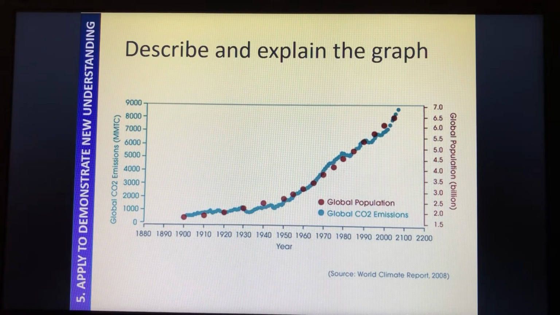We've got more industry and more power stations, usually burning fossil fuels or biomass, and therefore releasing more carbon dioxide. We might have had a bit more deforestation to create space to put more houses. Okay, so think back to what we know about the carbon cycle, how that impacts it.